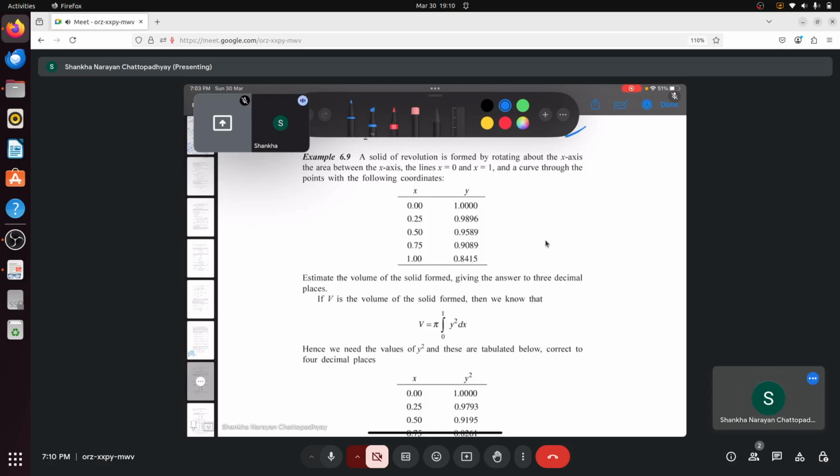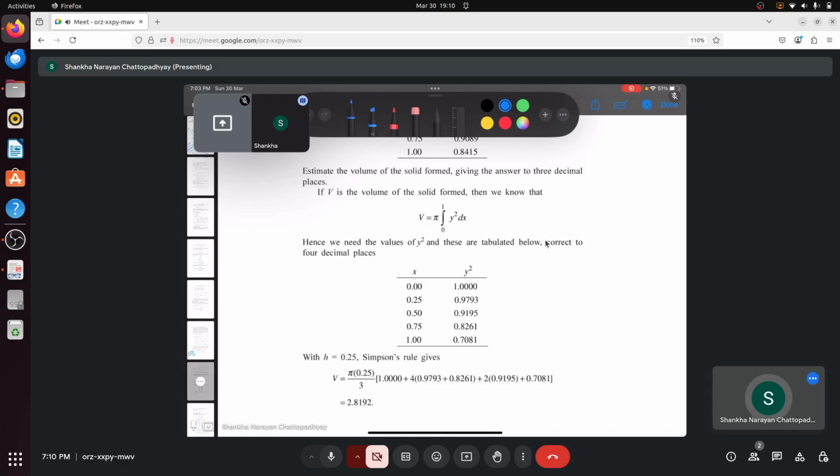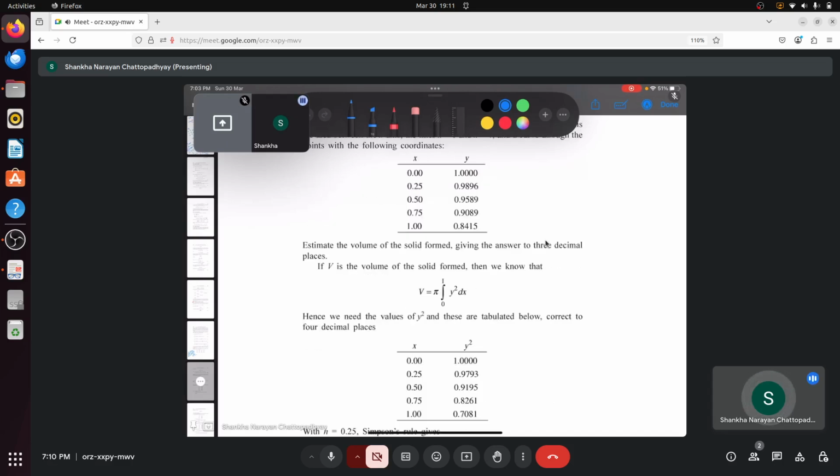So correspondingly you can determine your y square. Now you can see here there are 5 points, 5 is 2 into 2 plus 1. You can apply Simpson's 1/3 rule.